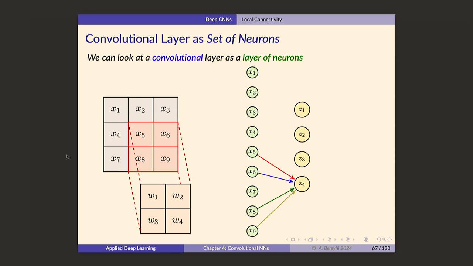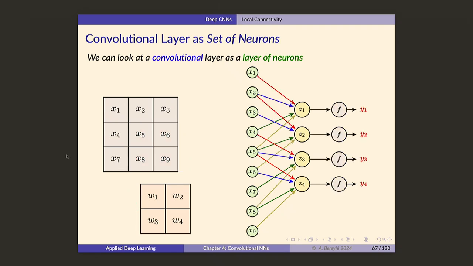So I can look at this whole convolution process as this connected layer, this feed-forward layer. In this layer, every particular x, or every bunch of x's, is connected into one z. Once I compute z, I just sum them up after multiplying with the weights.